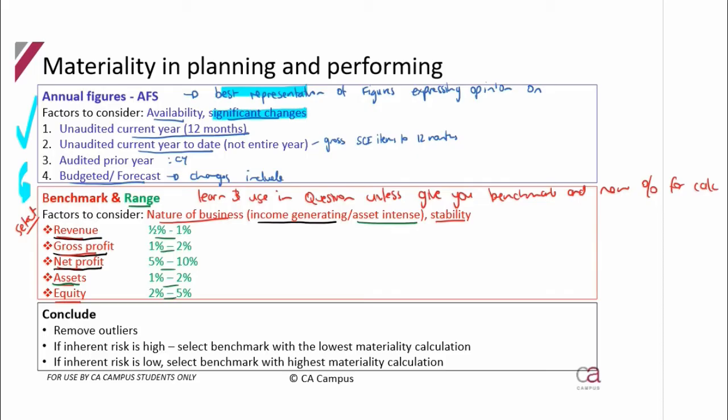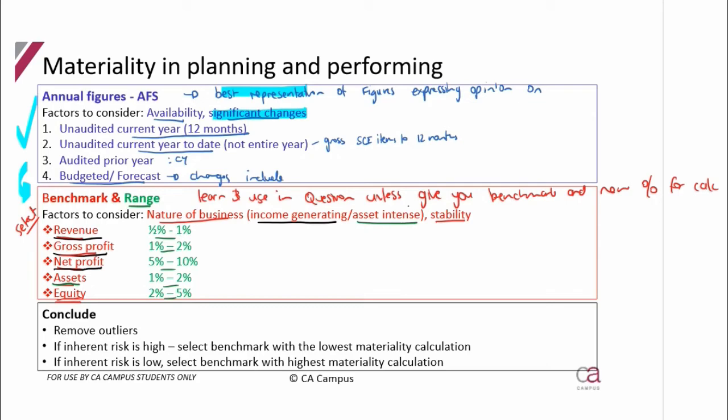However, if you can see the financing component is highly equity, then you would state financing is high in equity, and so equity now becomes an applicable benchmark. Look at the nature of the business, and then you choose the benchmarks that are applicable.